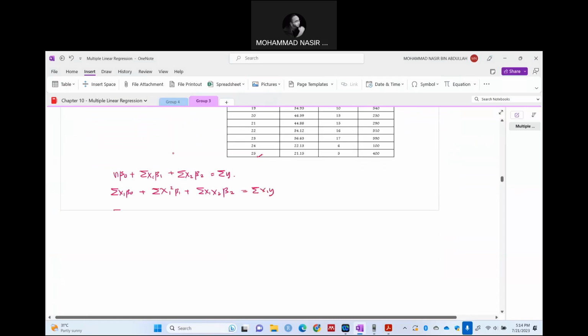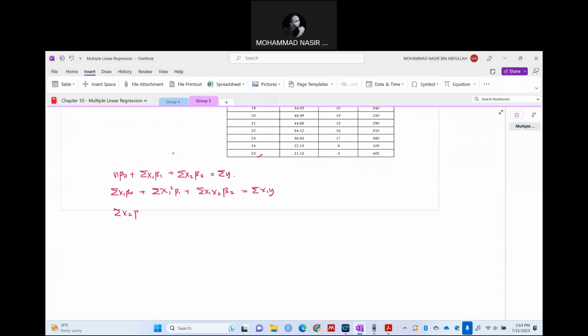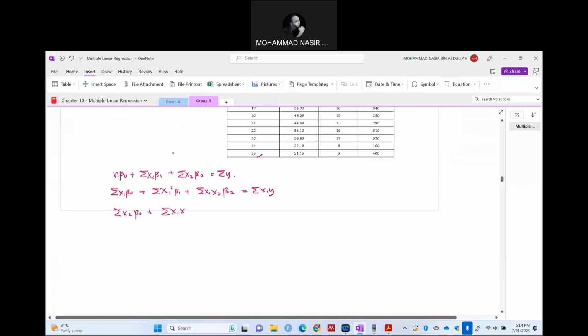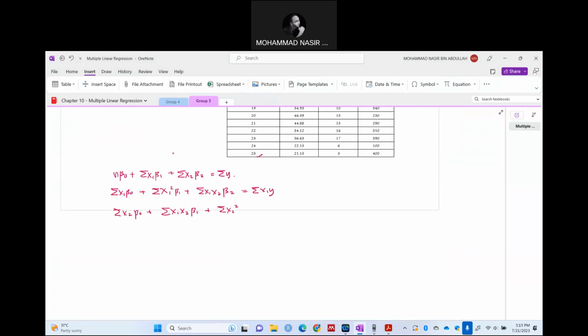And the last one is summation of x2 beta naught plus summation of x1 x2 beta 1 plus summation of x2 square beta 2 equal to summation of x2 y.